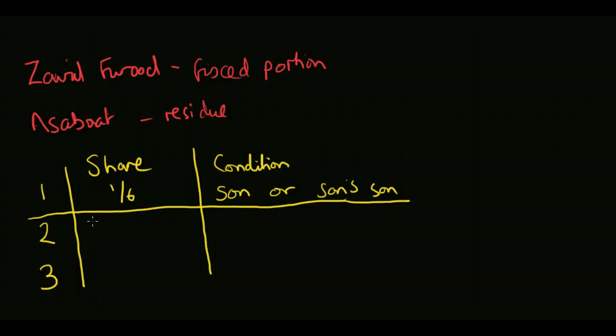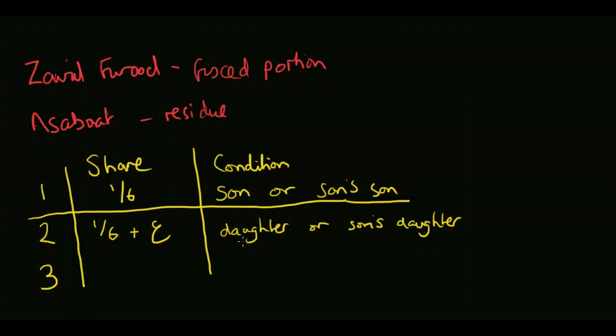The second state is when he gets a sixth plus asaba, and we just put an ayn for asaba for short, and this is when there is a daughter or son's daughter.